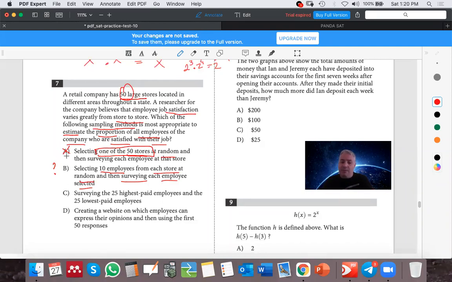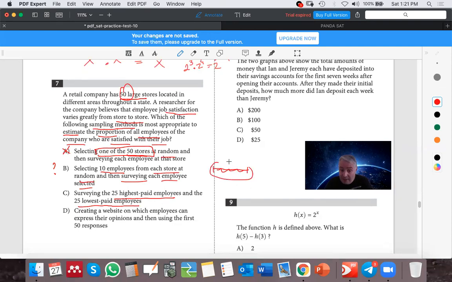I mean, it's reasonable. Surveying the 25 highest paid employees and 25 lowest paid employees. Yeah, you may get an idea about the top paid and the bottom paid. What about the middle? You know that in companies, not everyone is getting the top salaries or the lowest salaries.